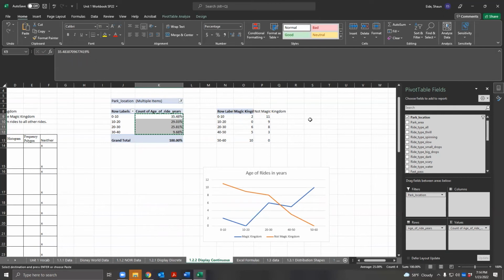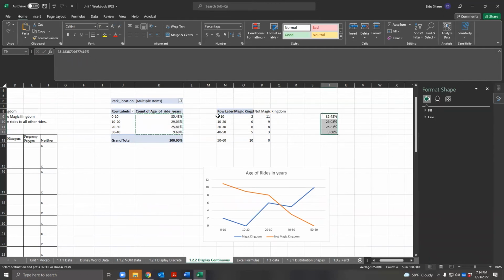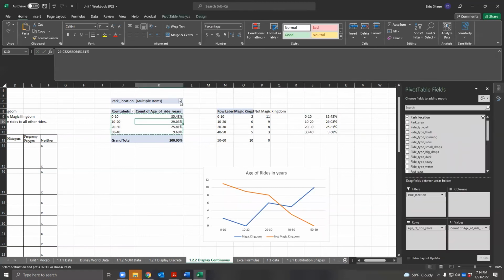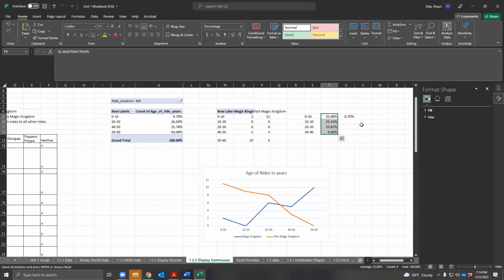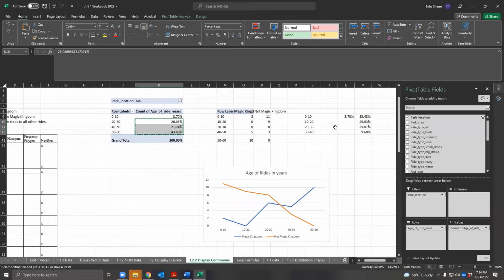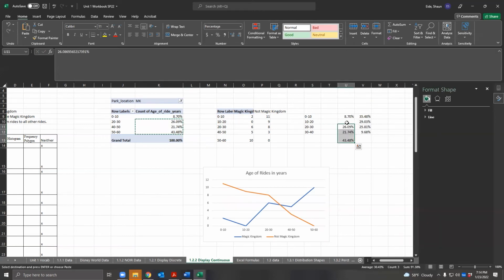We do Control C. Let's do actually all this. And then let's do Magic Kingdom. Press OK. And so we'll do Control C. Remember, we got to skip the 10 to 20 and we got to put a 0 right there.